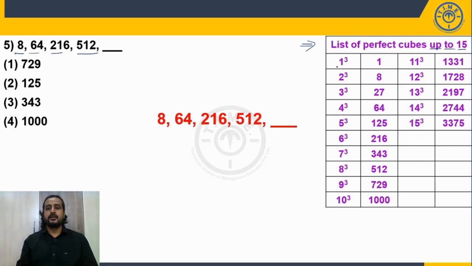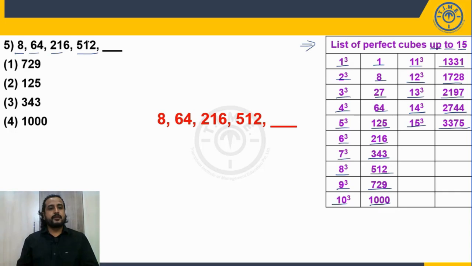Please make a note of this. 1 cube 1, 2 cube 8, 3 cube 27, 4 cube 64, 5 cube 125, 6 cube 216, 7 cube 343, 8 cube 512, 9 cube 729, 10 cube 1000, 11 cube 1331, 12 cube 1728, 13 cube 2197, 14 cube 2744, 15 cube 3375. So please learn by heart perfect cubes up to 15.